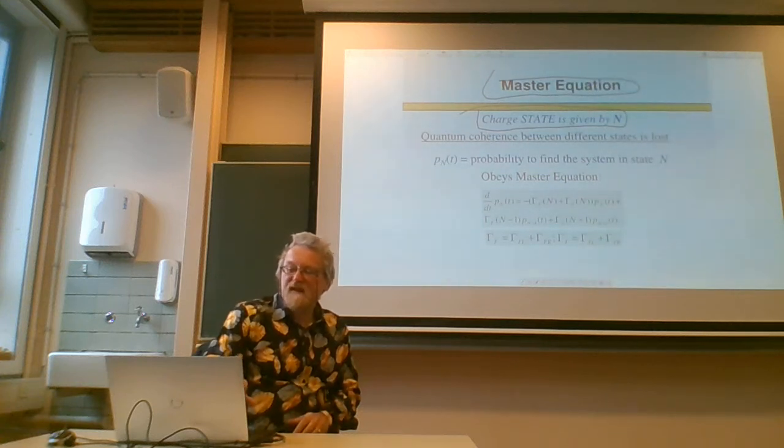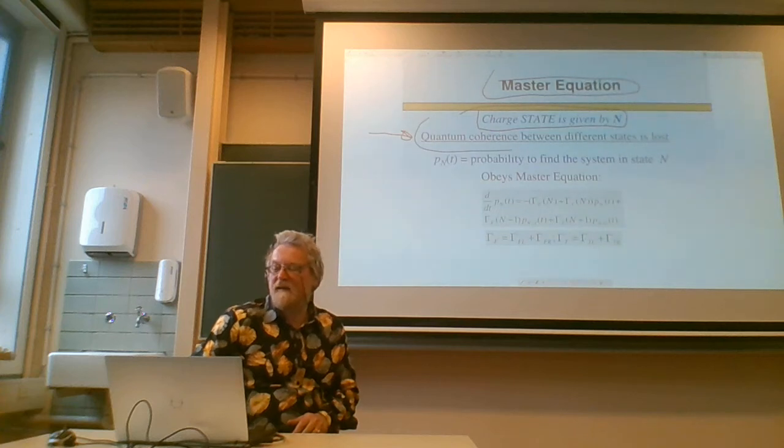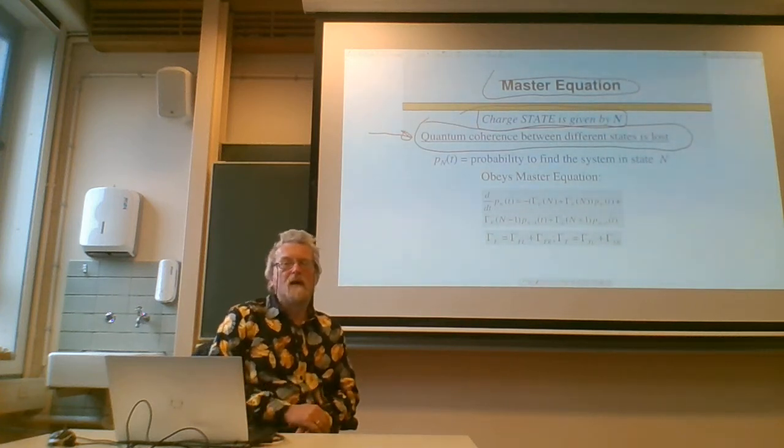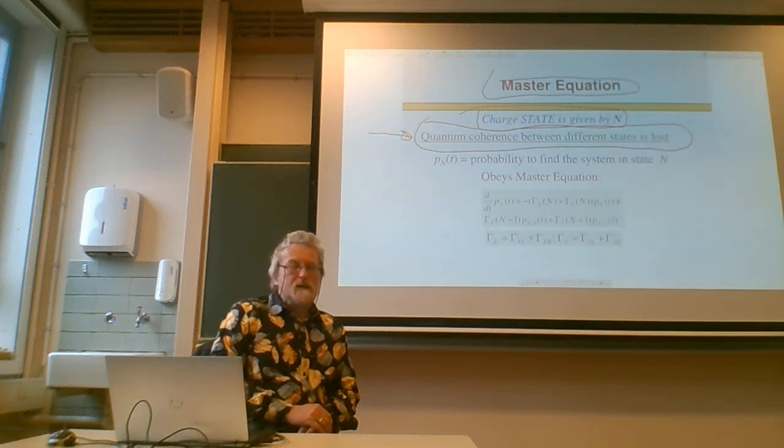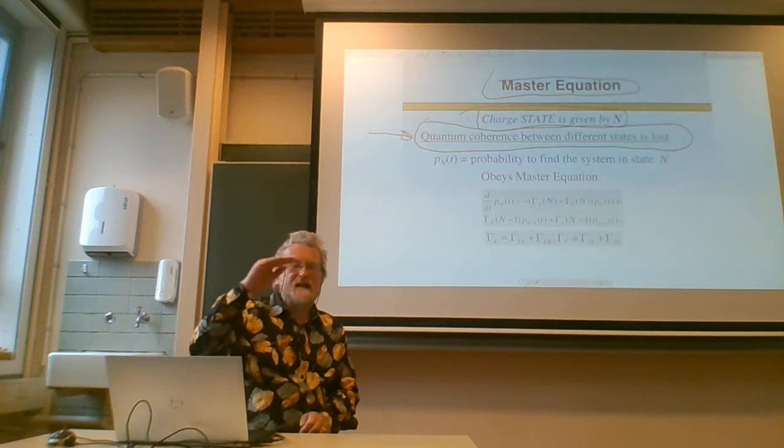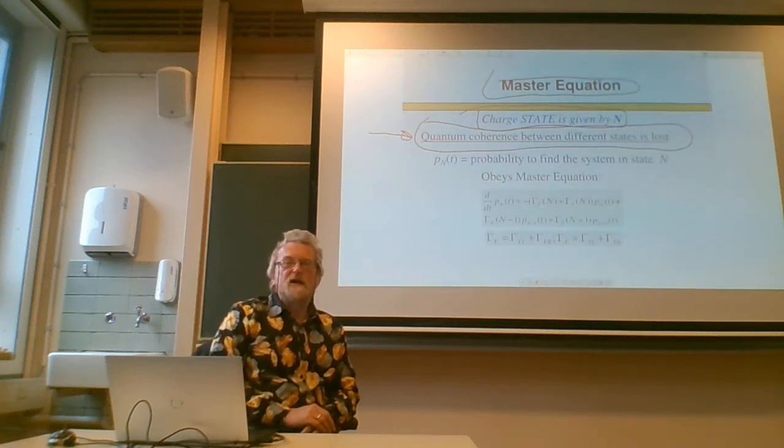Since we're in quantum transport, we apply a rather important thing. It means that quantum coherence between different states is lost. Why is it true? Because eventually there are very many states in each island representing the same charge configuration.